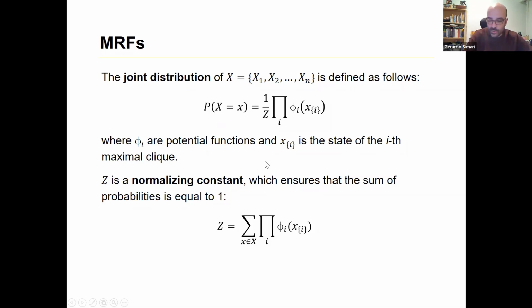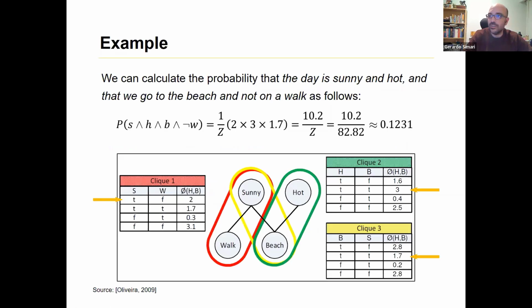So I have a worked out example so you can see this based on the same thing. So let's calculate the probability that the day is sunny and hot and that we go to the beach and not on a walk. So this is the one value per node, and here in the arrows we can see where each clique gets its state.